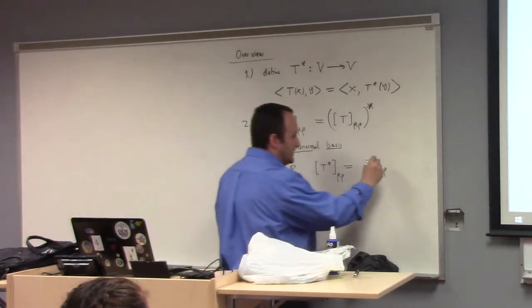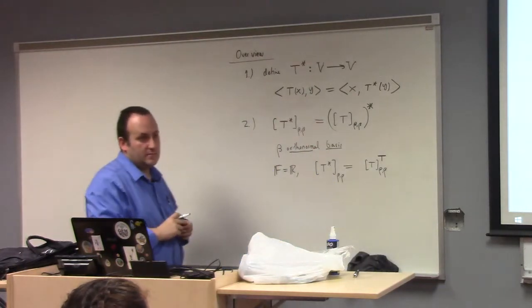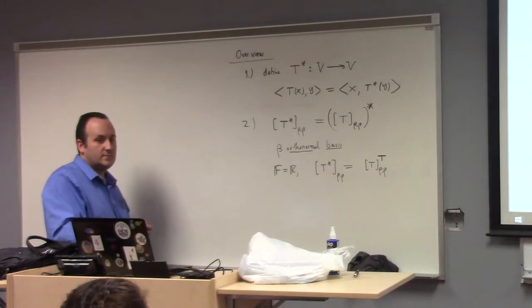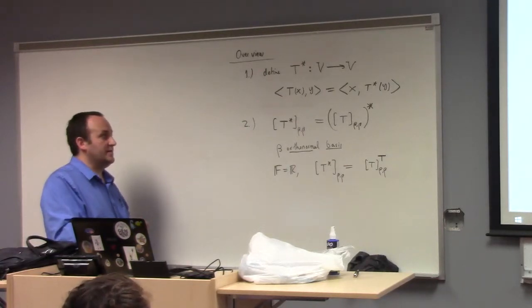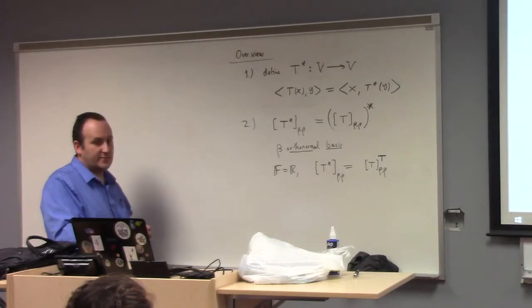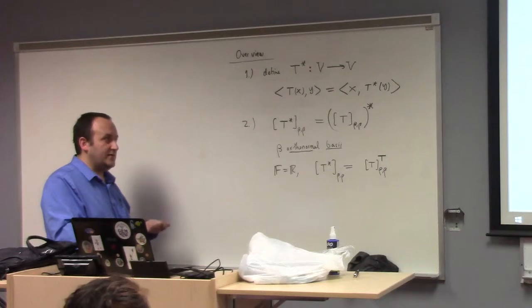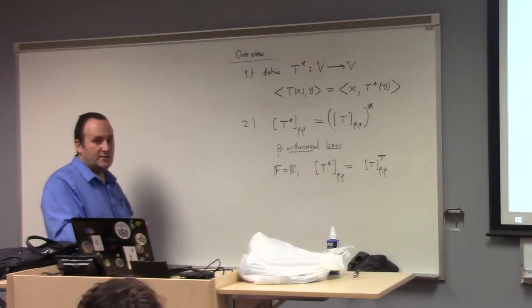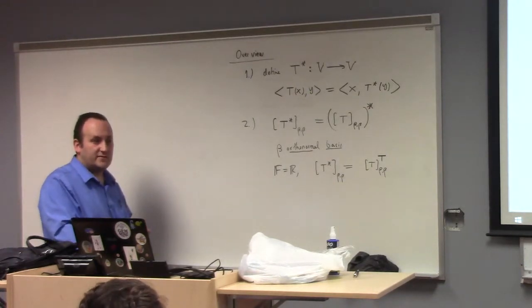So in the special case that you're working over the real field, this is just transposition. For example, if you had a linear transformation going from Rn to Rn and you wanted to find its adjoint, you take the matrix of your transformation and take the transpose of it. That defines the adjoint map. That's a special case of what we're doing.